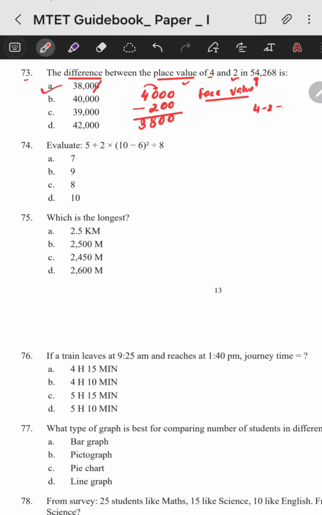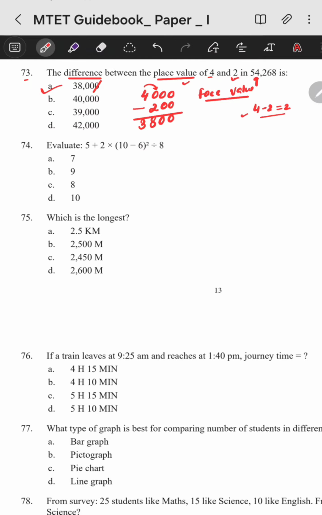If you subtract, the difference will be 2. So remember, place value means you have to take the value in that place. You have to count ones, tens, 100, 1000, and then take that value. Face value means the direct face value, that is the value we take.